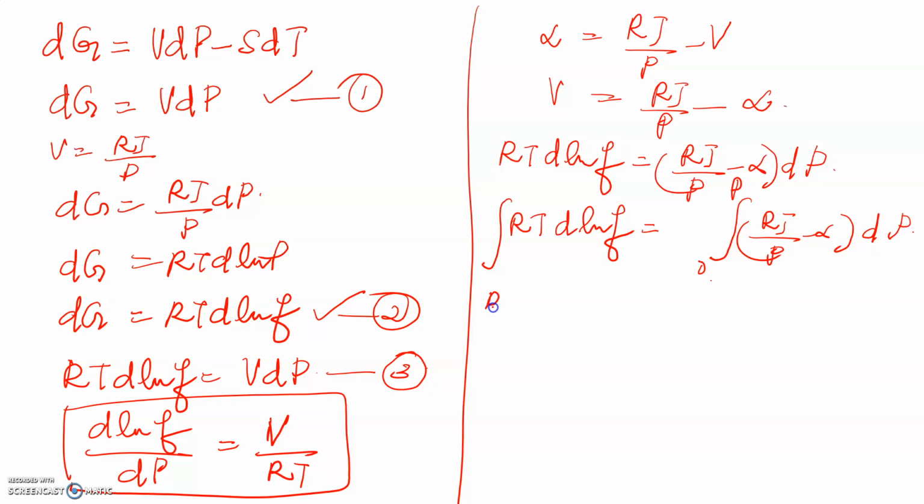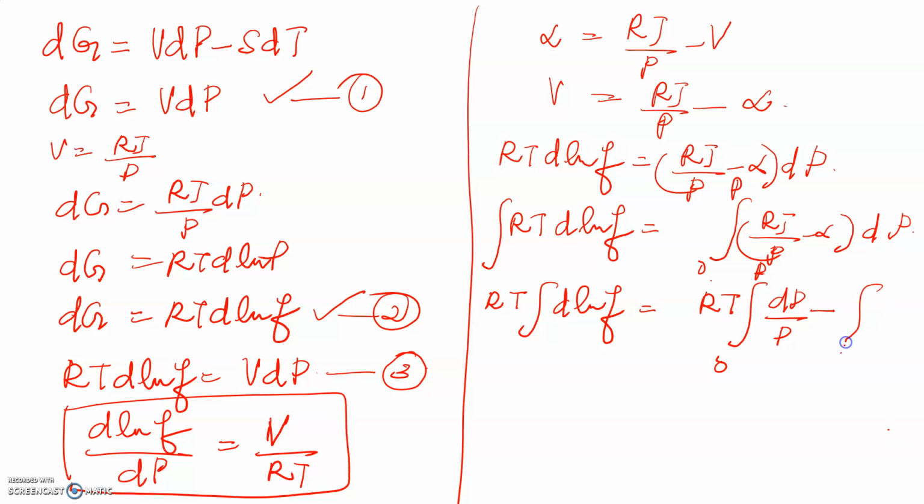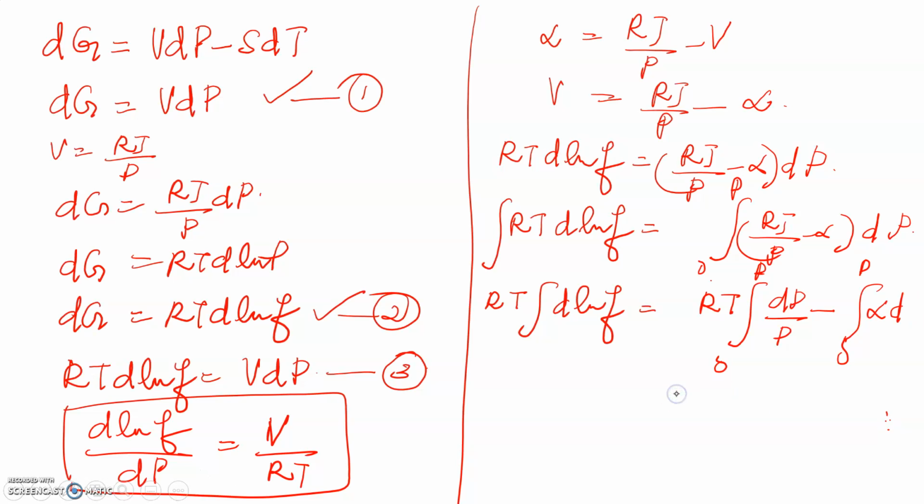R and T being constants, RT integral d ln f is equal to RT integral dP by P between limits 0 to P, minus integral 0 to P alpha dP.